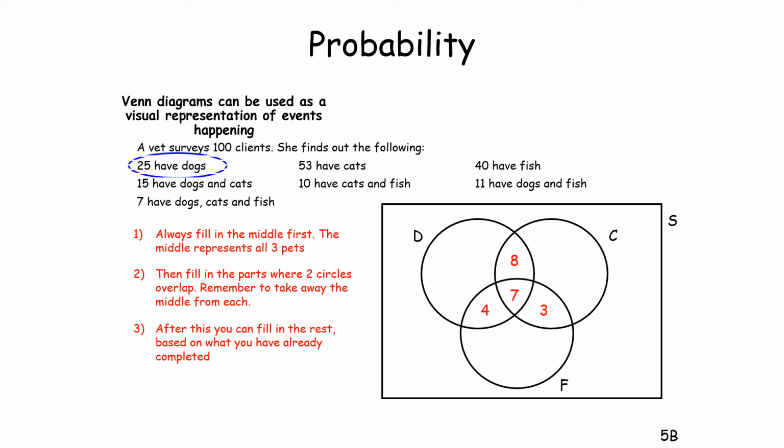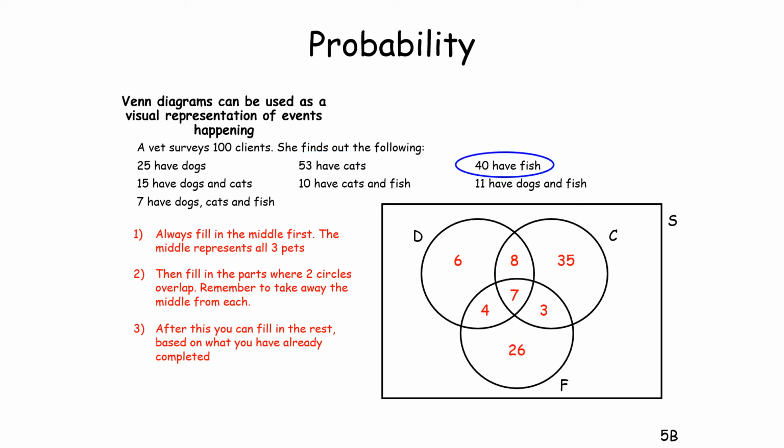Now we can fill in the rest of the Venn diagram. 25 have dogs, so if you add up 8, 7 and 4 and take that away from 25, that will leave you with 6, so we'll put 6 there. 53 have cats, so same as before, if you add up 8, 7 and 3 and take that away from 53, we'll give you 35 here.